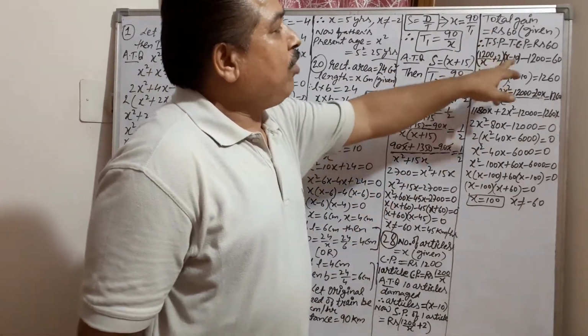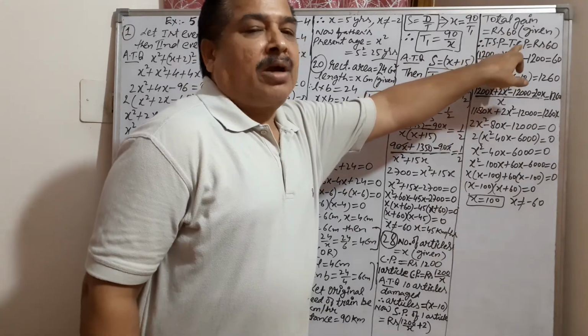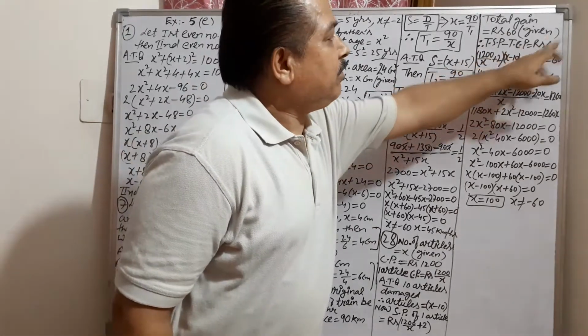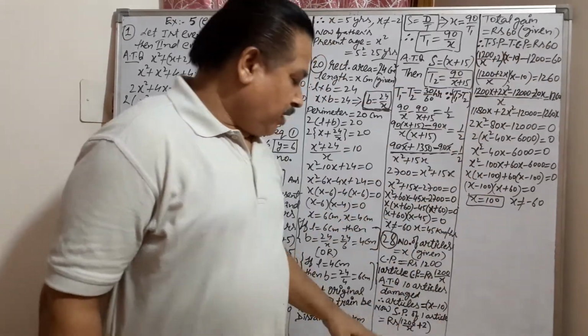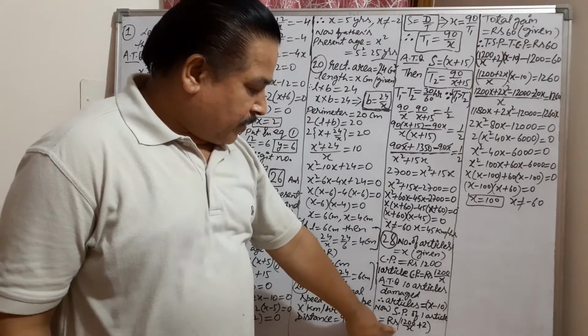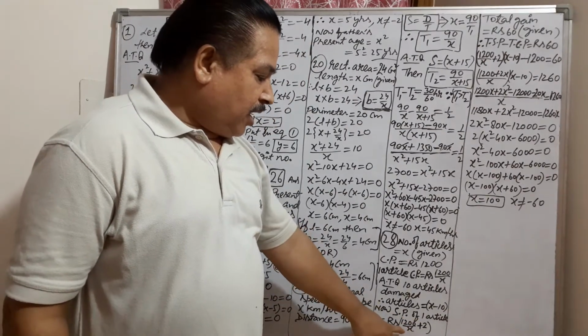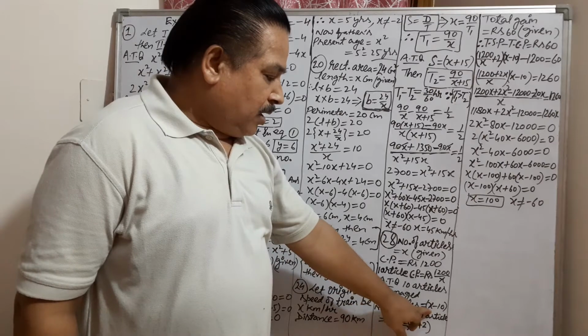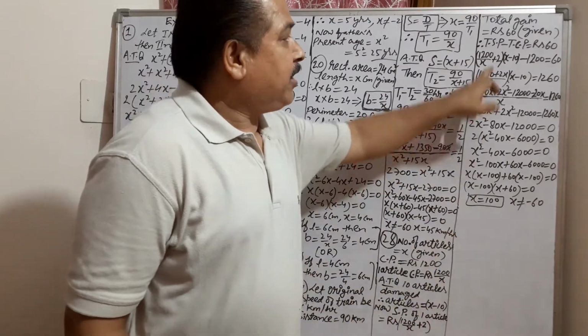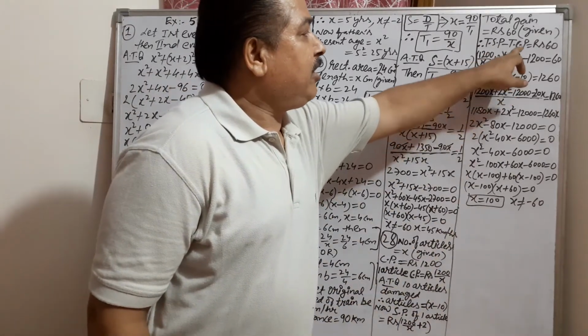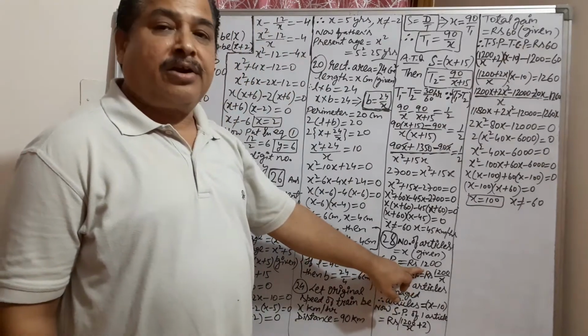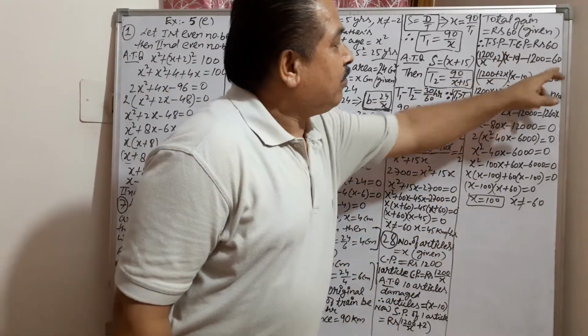So what is the profit formula? Total selling price minus total cost price equals 60 rupees. For the total selling price, one article's selling price is given, and how many articles are there to sell? x minus 10, so multiply with x minus 10. This becomes the total selling price, and the total cost price is 1200 rupees. Minus 1200 equals 60.